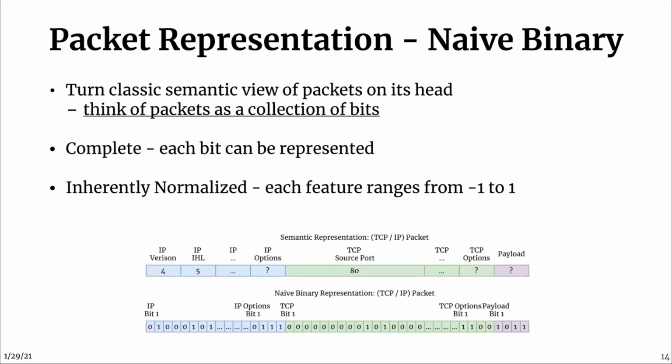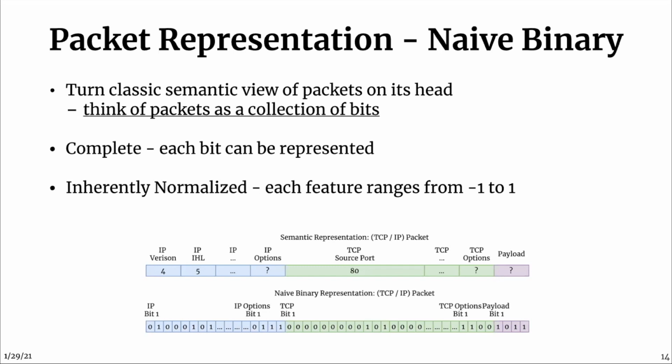So how can we actually come up with something that's inherently normalized and complete? Let's turn the classic semantic view of packets on its head. Let's think of packets as just a collection of bits. This is naturally complete. Below, we have a TCP/IP packet with a semantic representation and then this naive binary representation as a collection of bit strings. It's pretty easy to see that it's now complete, and it encodes ordering as well.